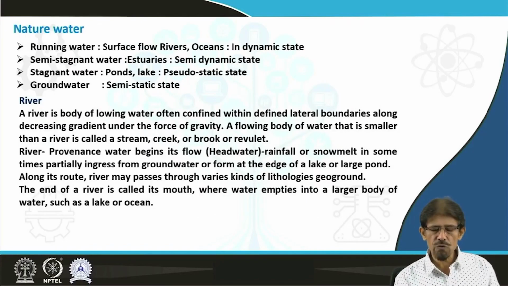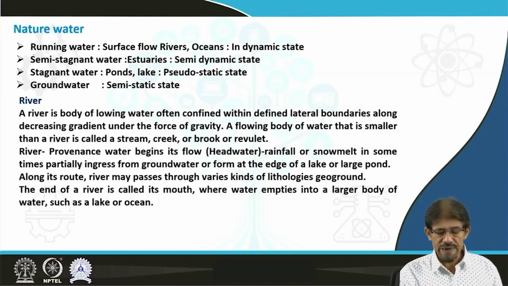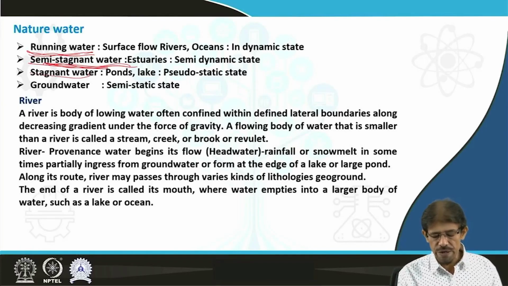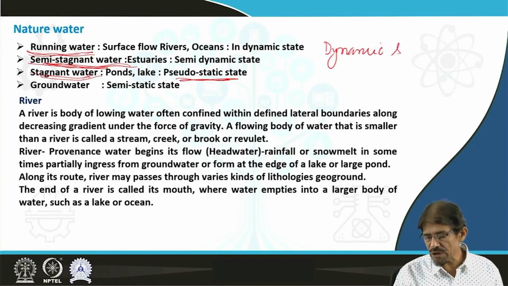If we are going to see in view of the dynamics of the water, we can say there is running water, and then semi-running or semi-static water, not fully static, a pseudo-static state. Dynamic water means water present in a dynamic state, representing flow.